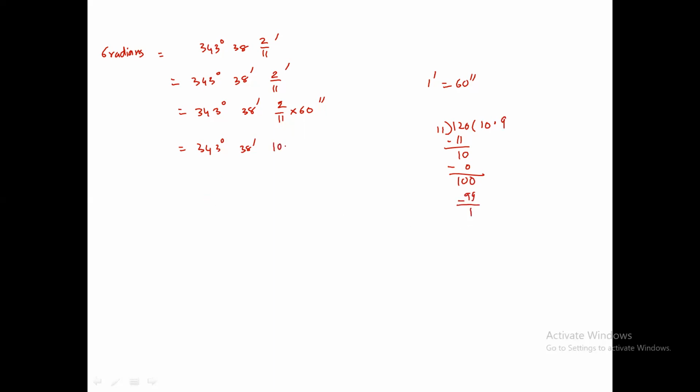So it can be written 10.9 seconds. Or you can round it up. 343 degrees, 38 minutes, 11 seconds. 6 radians we could convert it into degree measure. So sometimes radians will be like real numbers. That also you can change it into degree measure.